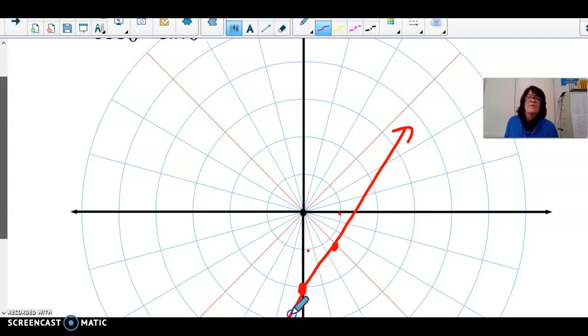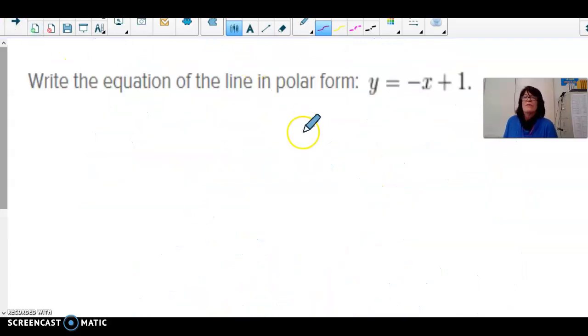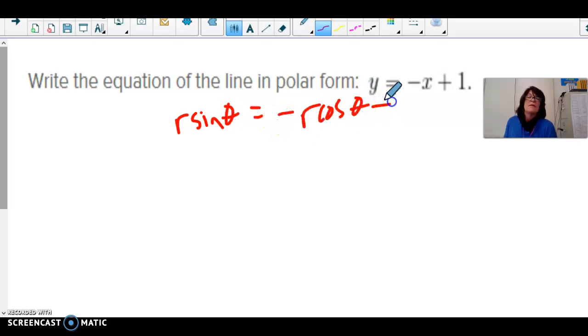Okay, not that you have to do that on the polar. And then this one, write an equation in polar form. Again, I would get r sine theta equals negative r cosine theta plus 1. I would add that to the other side.